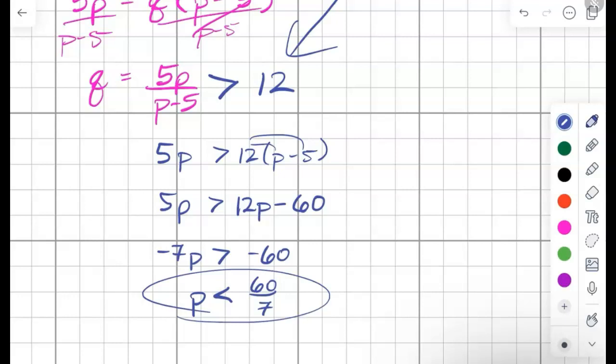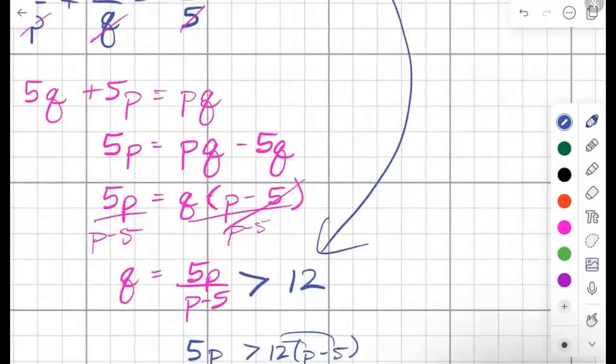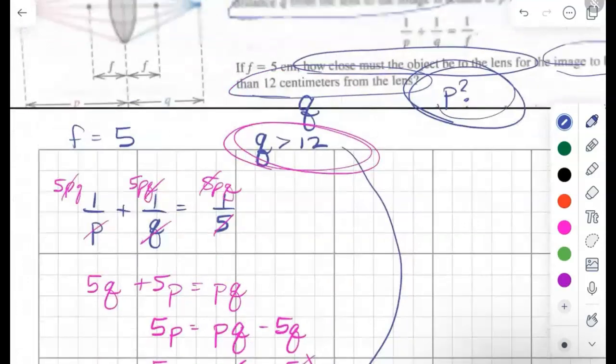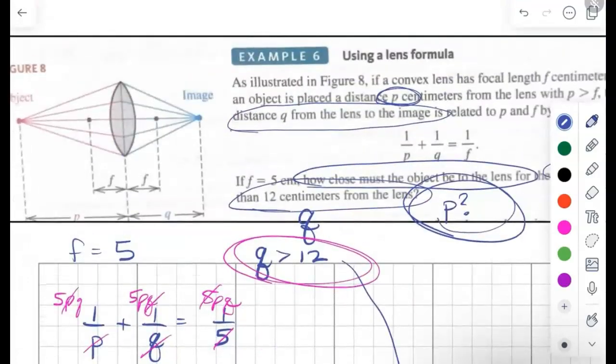So then from there, we want to think about what we know about p. We know p has to be less than 60/7 of a centimeter, but if we go back and look at the image, we see that p has to be larger than f. So f is that focal length.